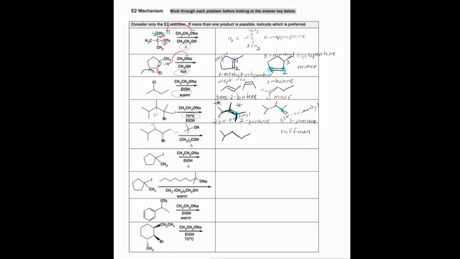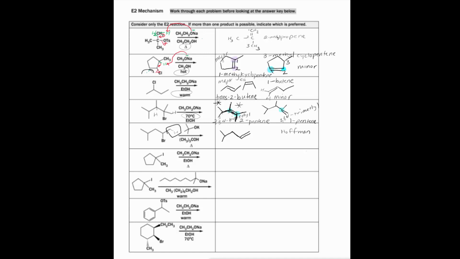A Hofmann elimination product doesn't follow Zaitsev's rule that says that we need to have the more substituted product. This one, because we have this big bulky base here, isn't going to go after this hydrogen. It's only going to go after the less substituted hydrogen, the less substituted beta carbon. Wow, why was that hard to say?